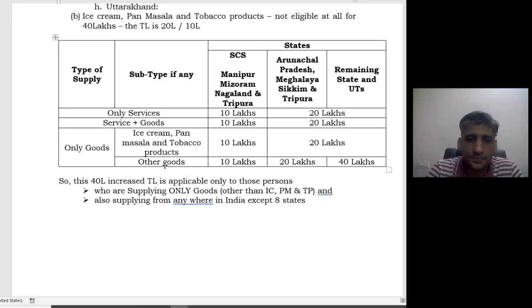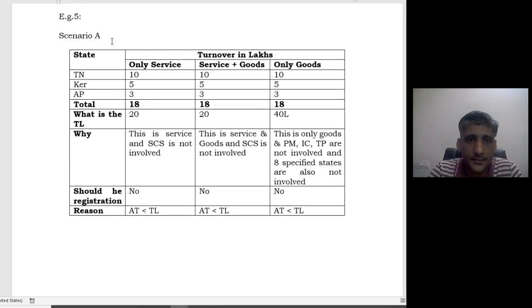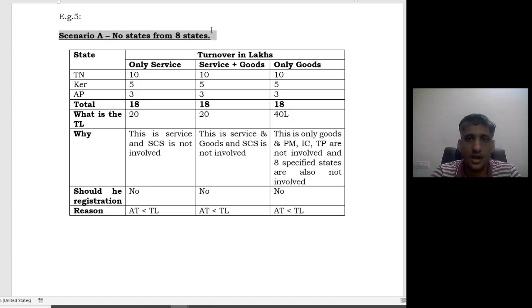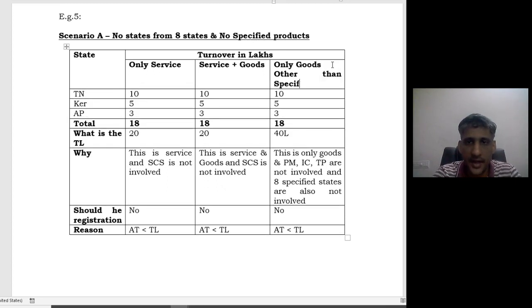So who are supplying only? Let's go back here. So scenario 1, scenario A. Very simple scenario. Tamil Nadu, Kerala, Karnataka, no states from the 8 states, and no specified products, only goods other than specified goods.